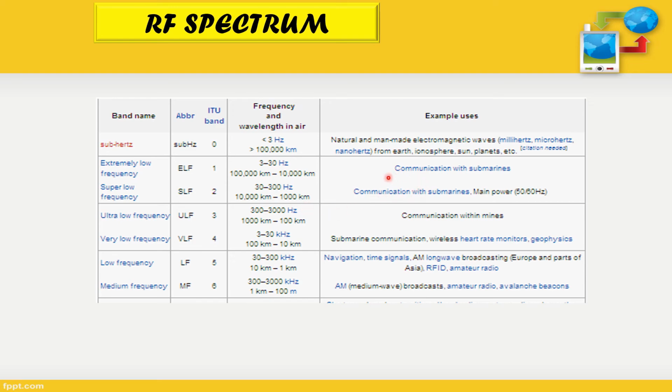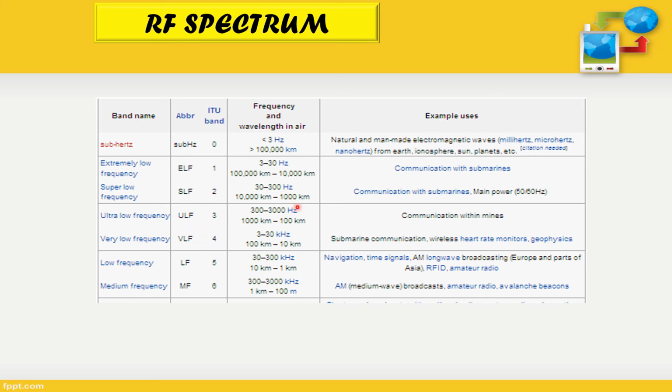The application example for these two types of radio frequency is in submarine communication, with the main power of 50 to 60 Hz, and above it are ultra low frequency and very low frequency.